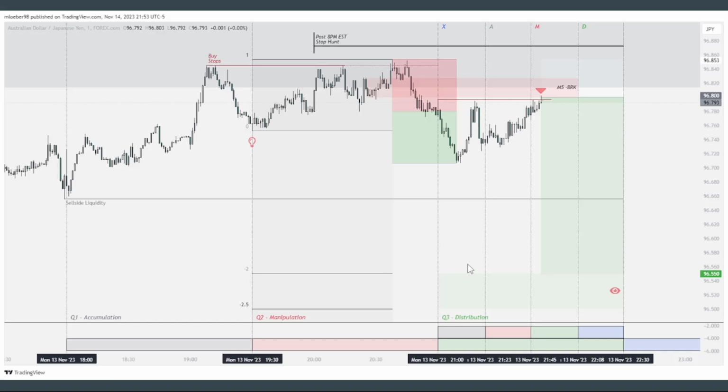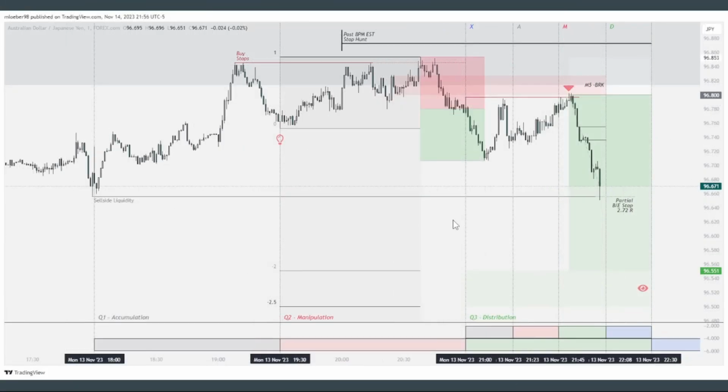So I have my targets at Q1's low and 2 standard deviations, and I have a comfortable stop loss because I know we had our stop run, then price displaced and we reached premium of that M15 swing that broke structure. The extra confluence is that price manipulated the microcycles' Q1 and Q2 highs, tagging the M5 breaker block. So now all I would do is sit back and wait to see if price goes in favor of my direction to my targeted liquidity pool.